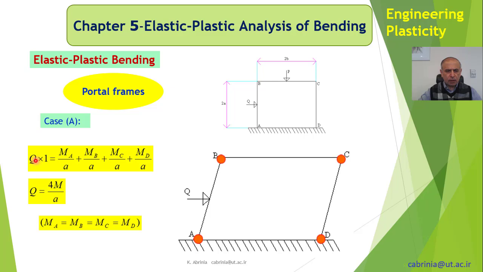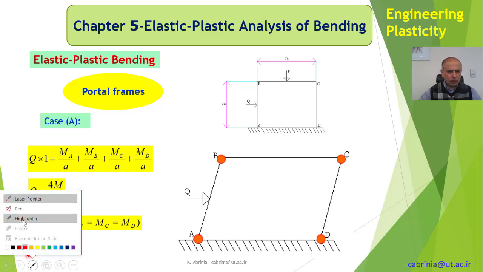So Q, the load, times the velocity gives the power, or rate of work. Now, what is it equal to? We must consider the moments working on all these hinges.